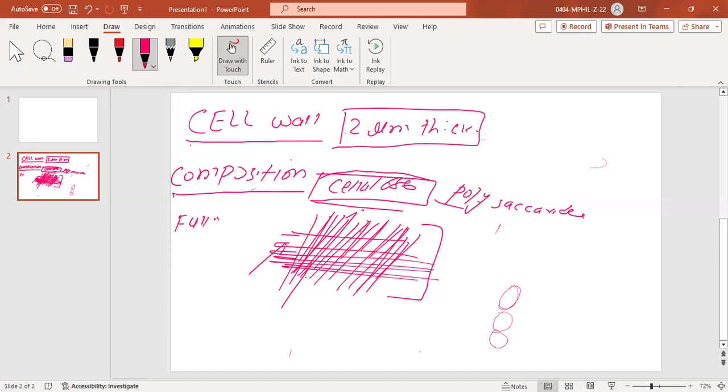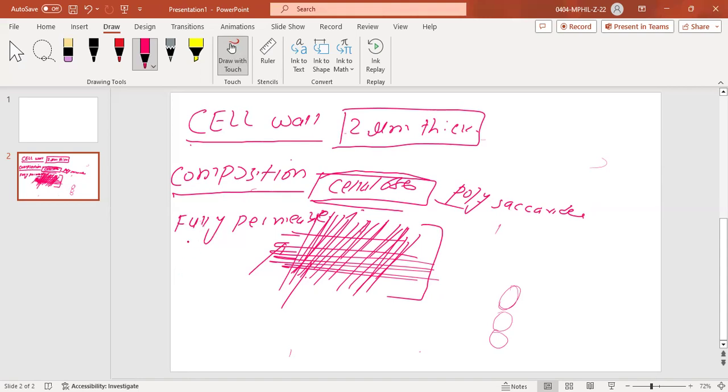What do you mean by this? It has no ability to stop any component from getting in. It does not filter the substances which are going into the cell, right? That's why we call it fully permeable.